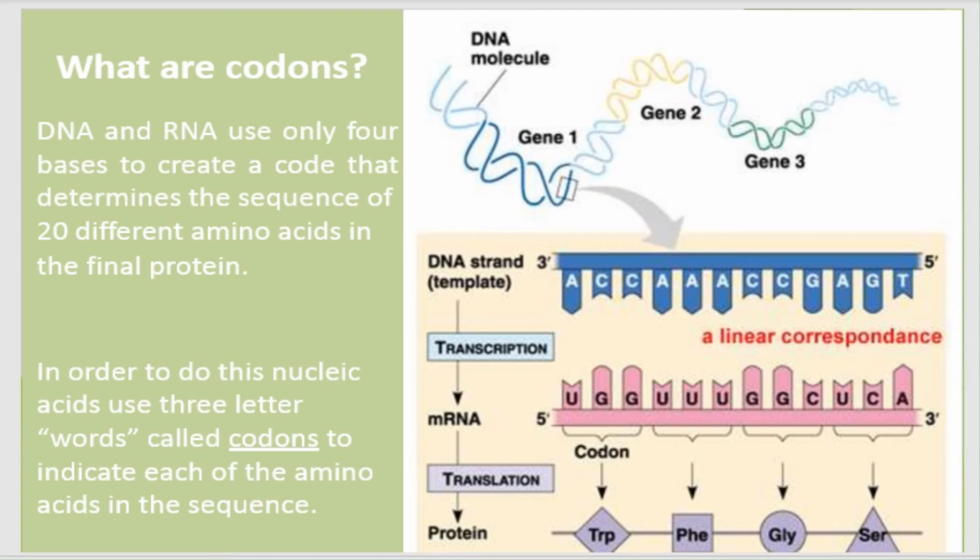Remember, this messenger RNA is being read 3 letters at a time, and that is called a codon. The coding found in the codon will determine what type of amino acid will be produced. For example, this UGG codon will produce the amino acid called tryptophan.